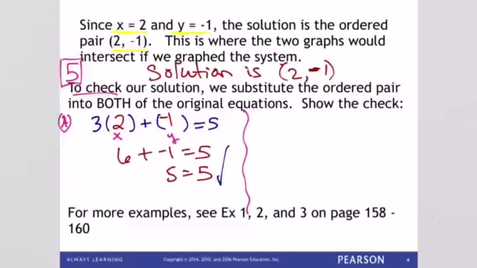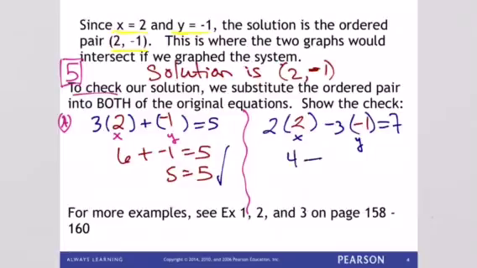So the other equation is 2 times x minus 3y equals 7. The reason I'm putting the little x and y underneath these is because I want to remember what goes in there. You don't have to do that if you don't need to. So my x is 2, my y is negative 1. Now I'm going to simplify these. 2 times 2 is 4.